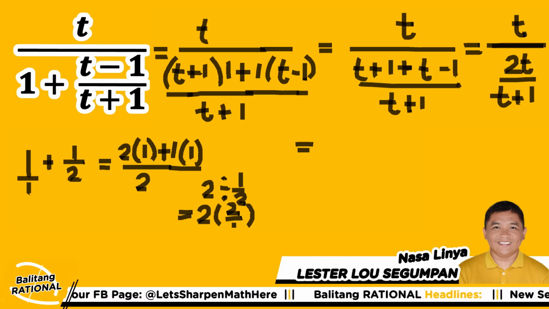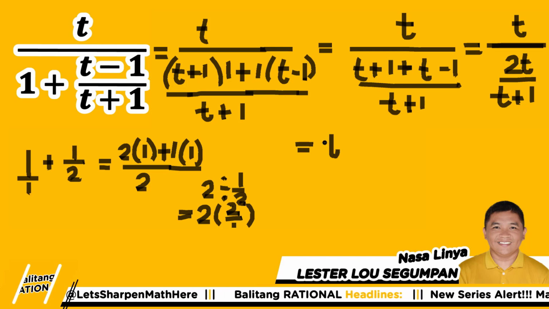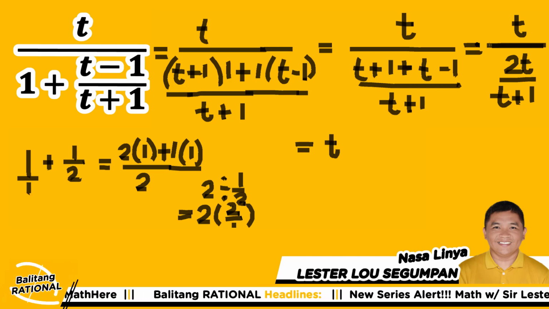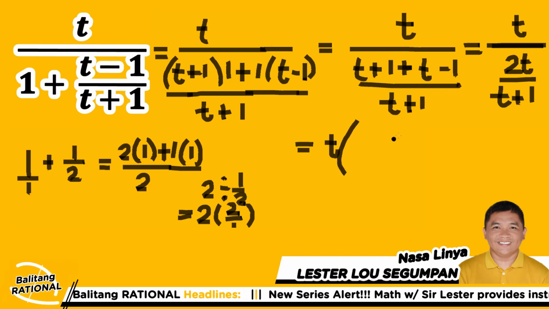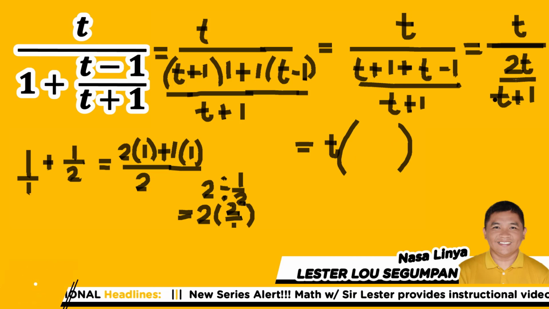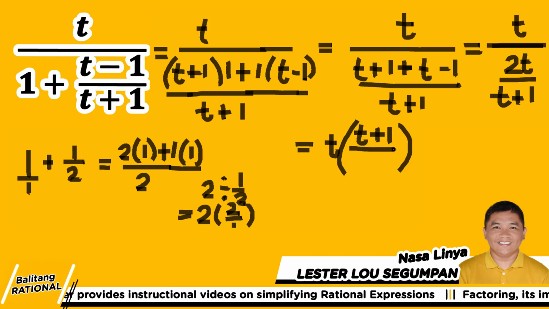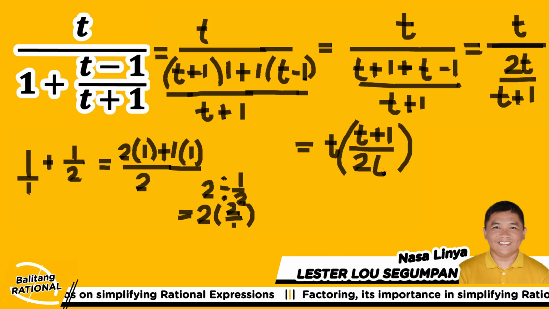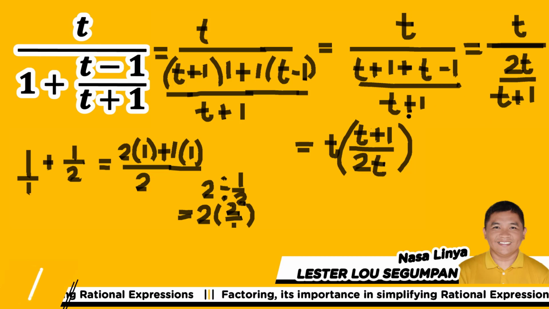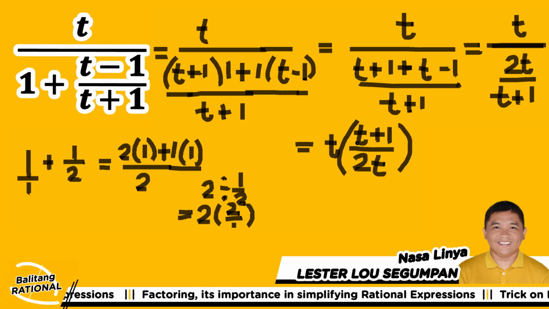Same here, we're going to keep t, okay, and instead of division, multiplication po tayo, and we're going to reciprocate this, okay. When we reciprocate, we flip it, the numerator becomes t plus 1, and yung 2t natin na original numerator dito, magiging denominator po. Okay, so from here, we have this one using the keep, change, flip method.